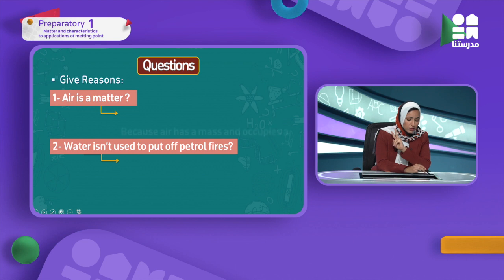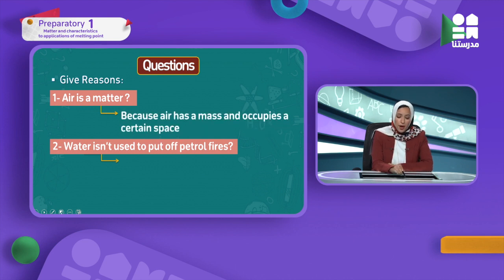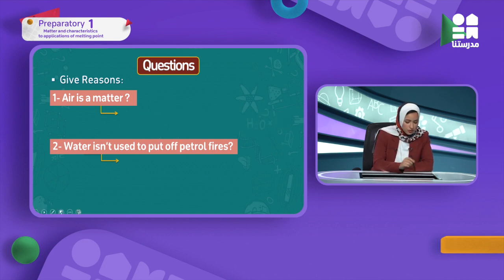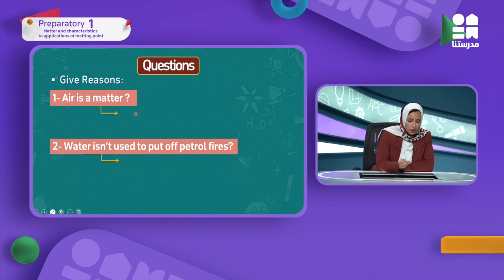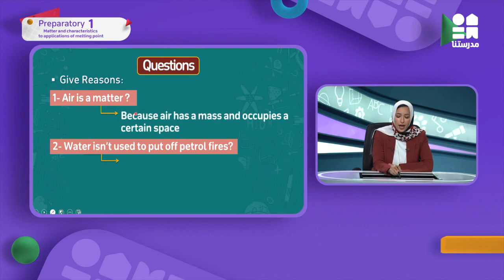So it's the same thing here, because air has the two things that we talked about: mass and it occupies a certain space. And we said occupying a certain space is volume. So simply the answer is yes, air is a matter. Why? Because it has both mass and volume.